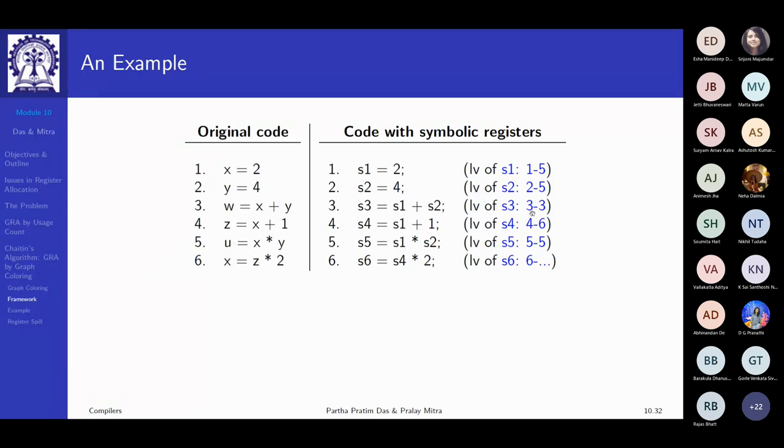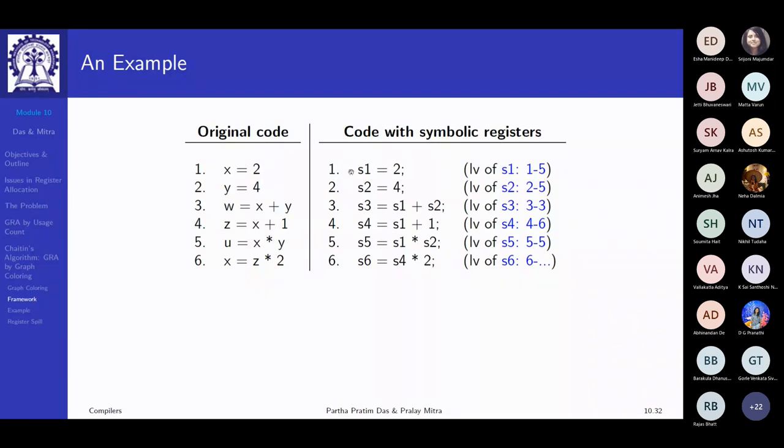So its liveness is 3 to 3. Z, similarly, is defined in 4, used in 6. So 4 to 6. U is defined here, not used later. 5 to 5. X is again defined here, a second range for X, and that starts at 6 and goes into the next part.